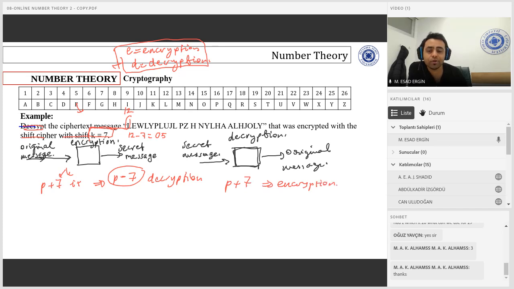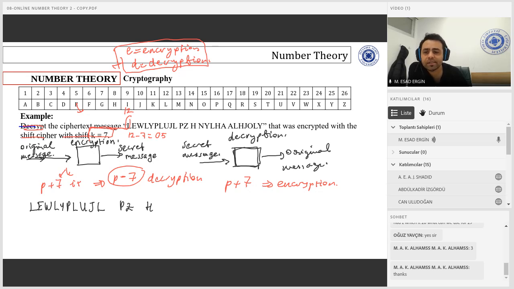That's why now we are going to use minus 7, let us do it here: L E W L Y P L U J L P Z, and it continues. I'm not going to do each of them.